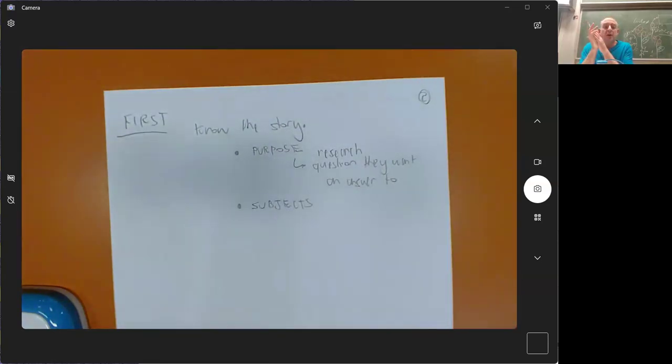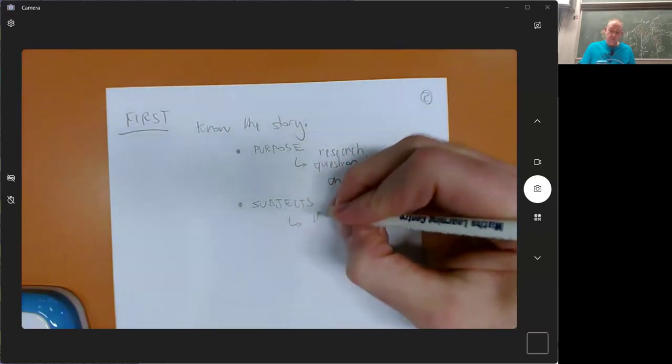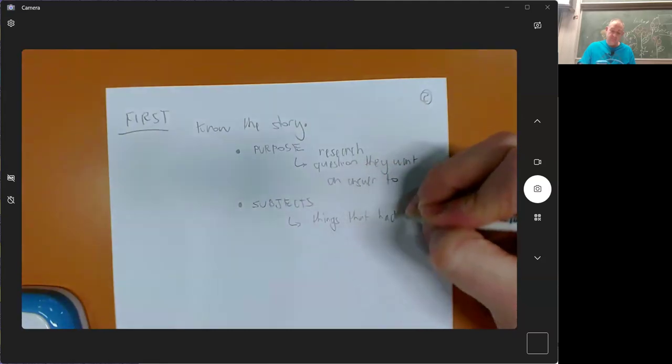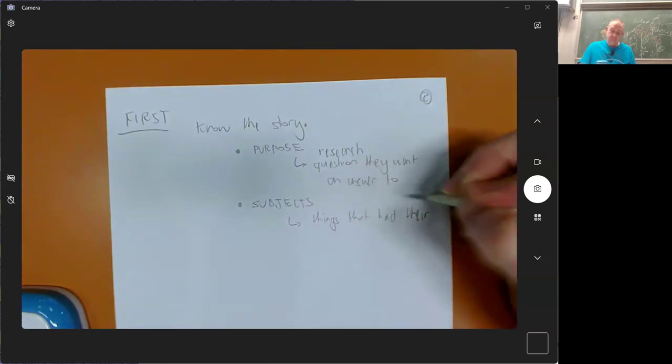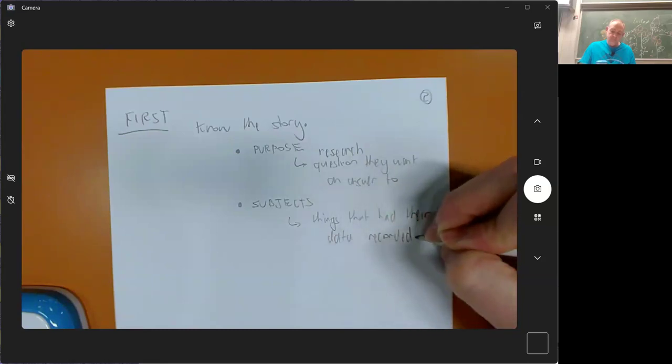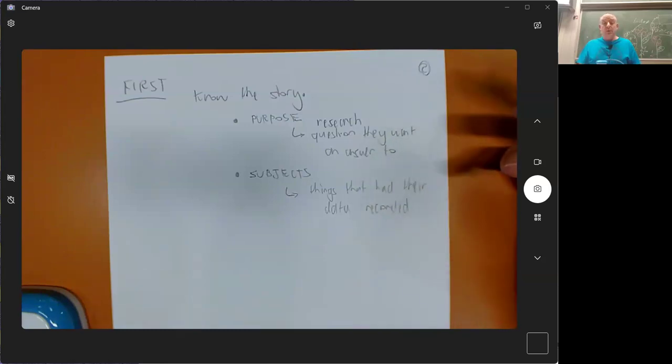You need to know the subjects. So the subjects are whatever people or animals or houses or petri dishes or whatever it is that they are, the things that have had data recorded about them. That's what you need to know. And you need to know what the data that was recorded on them is like.